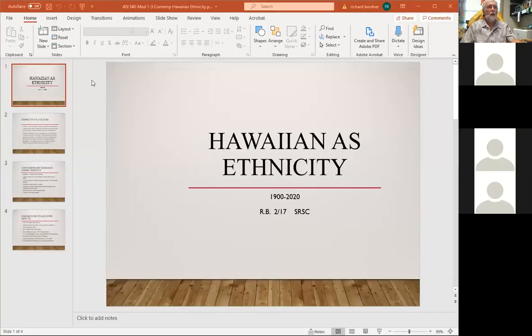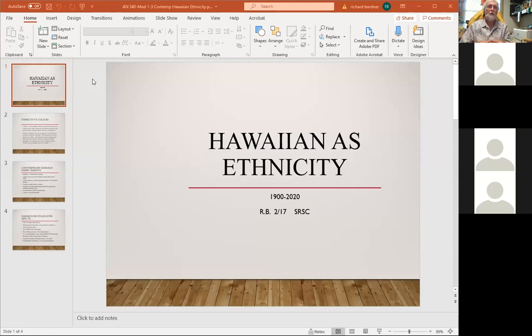Okay, now by the 1860s, 1870s, as this Kama'aina value system, the Calvinist value system, starts to come into play and becomes the key value system here, it's important to remember that Hawaiian moves from culture to ethnicity, and we went through that at the very beginning of the semester.